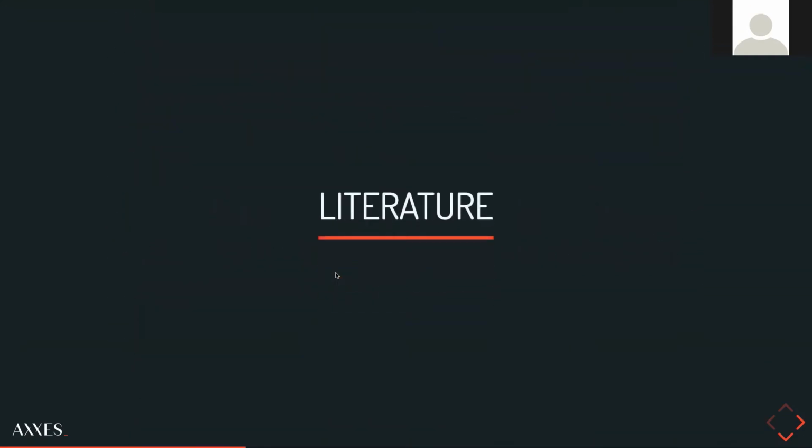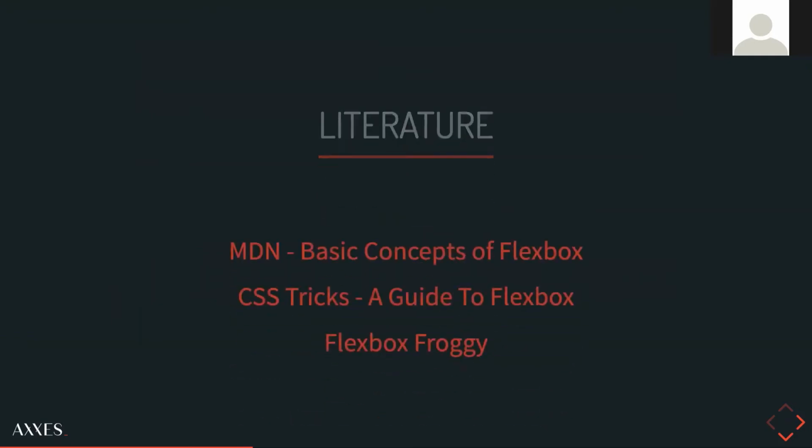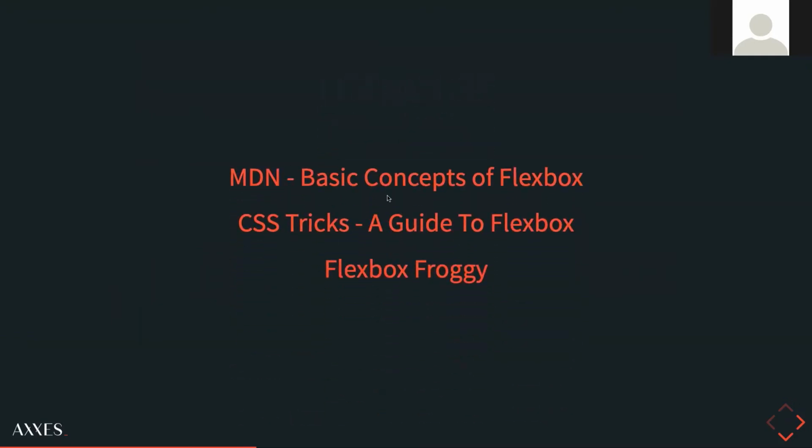Online stuff. Okay, literature. These are a few handy links. This is the concept. This will explain everything I said. Maybe if I wasn't clear, this one is a good one: CSS Tricks, a guide to Flexbox.